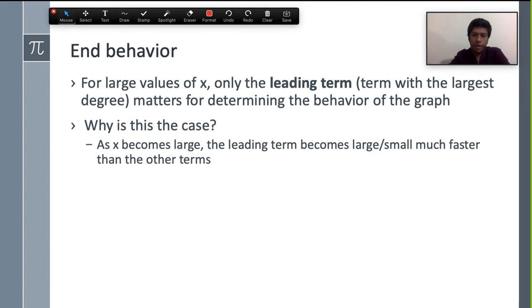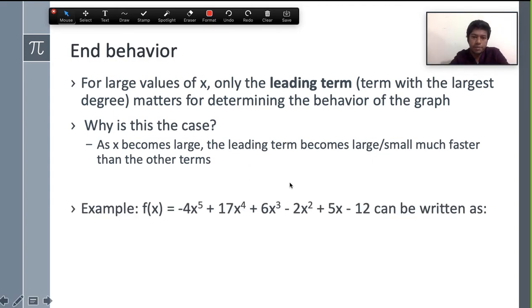About the end behavior, if you look at the degree of this function, the degree is minus 4 x to the power 5. So what is the degree of this polynomial function? Degree is 5, right? The maximum power.